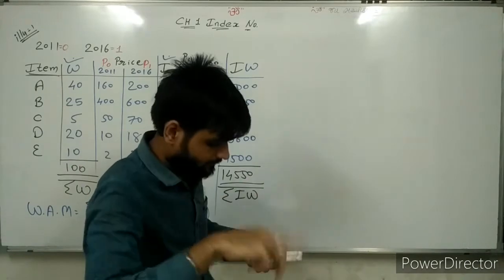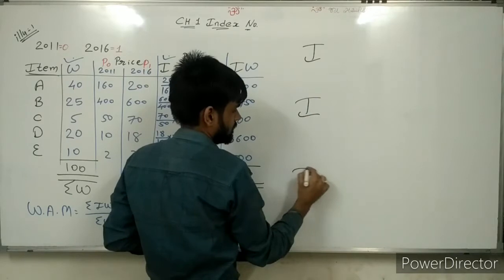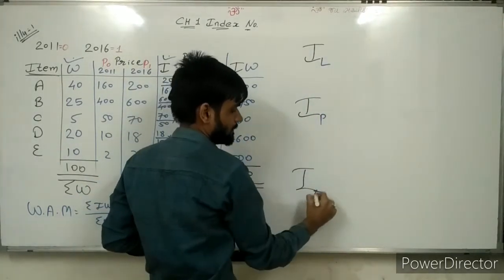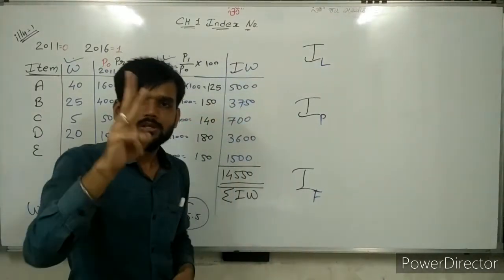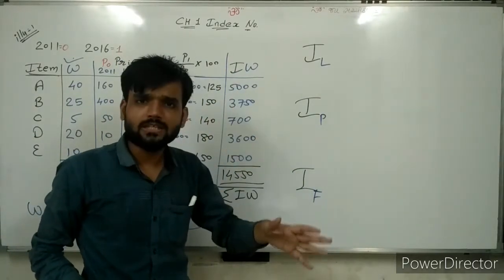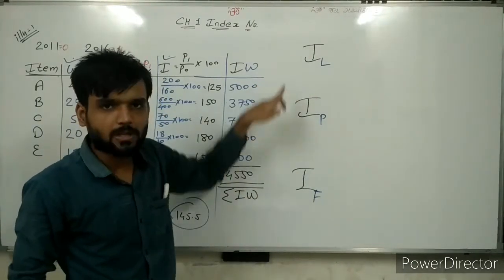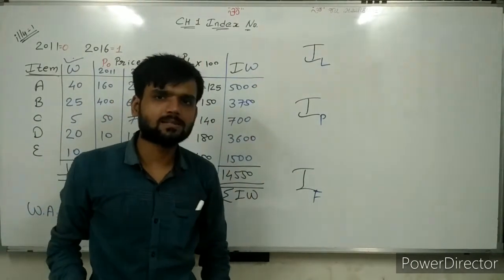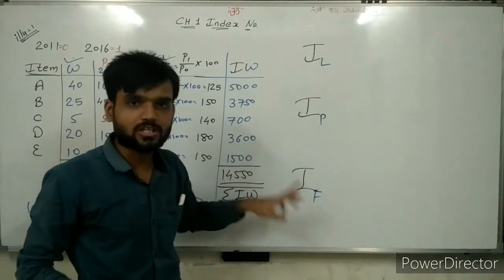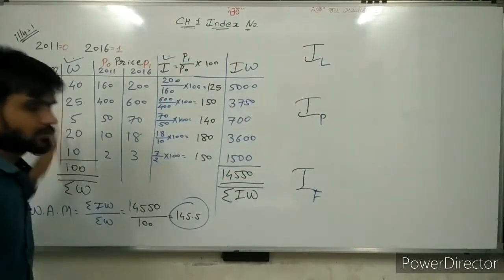Next, index numbers given by Laspeyres, Paasche and Fisher. Marshall, Bowley and many more are there, but in your syllabus, these three index numbers are given by Laspeyres, Paasche and Fisher, names of statisticians who gave these formulas.